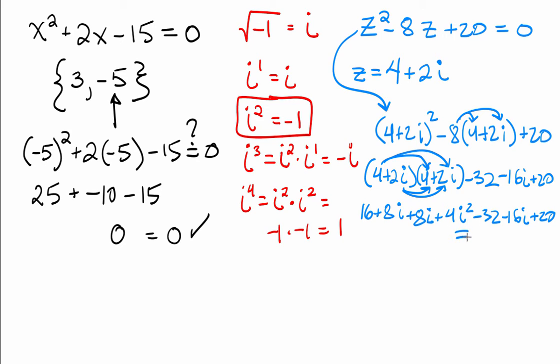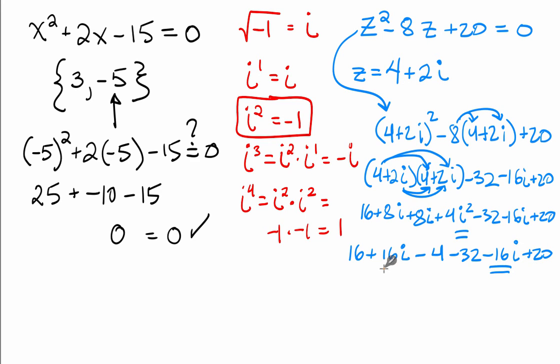Now remember, i squared is equal to negative 1. So gathering up some like terms, 8i plus 8i is 16i. Remembering that i squared is equal to negative 1 makes this term 4i squared equal to minus 4, minus 32 minus 16i plus 20.